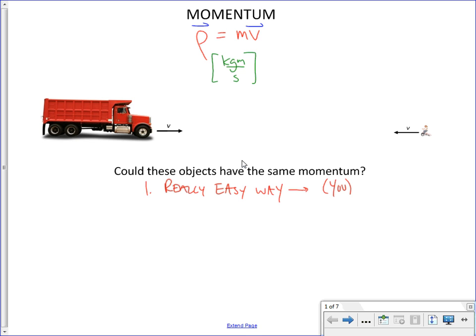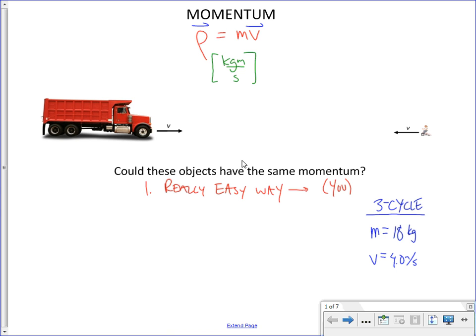But first, let's say this little girl on the tricycle has a mass of about 18 kilograms, and let's say she's cruising along at 4 meters per second.